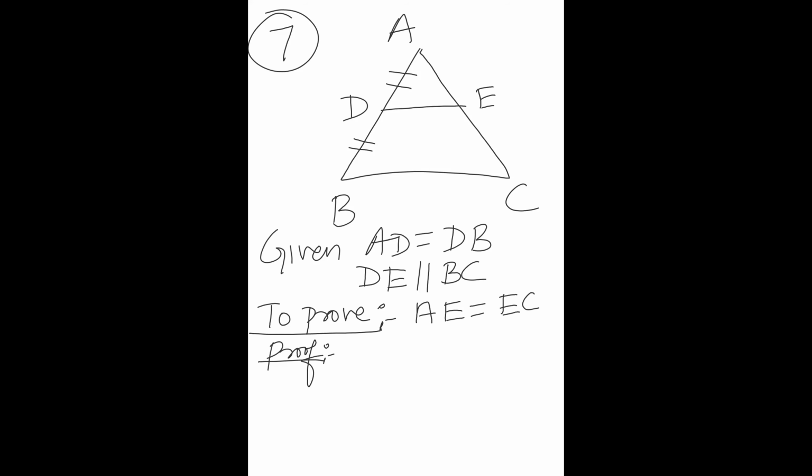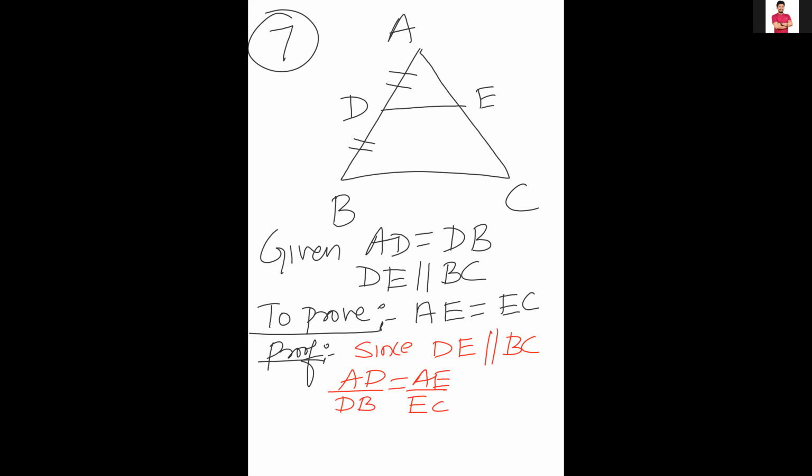Since DE is parallel to BC, so by proportionality theorem, AD by DB equal to AE by EC, right?